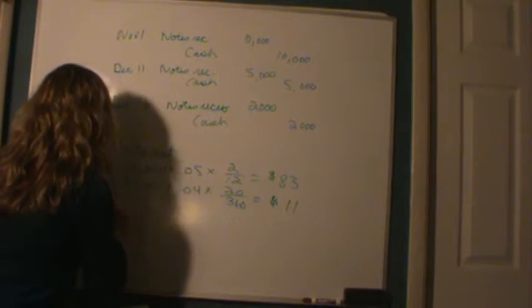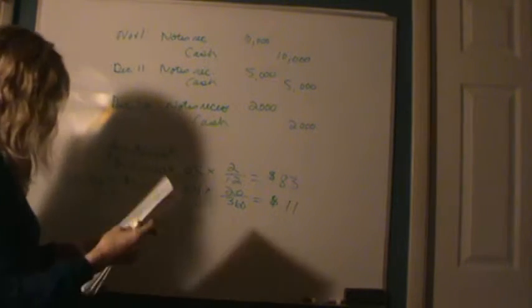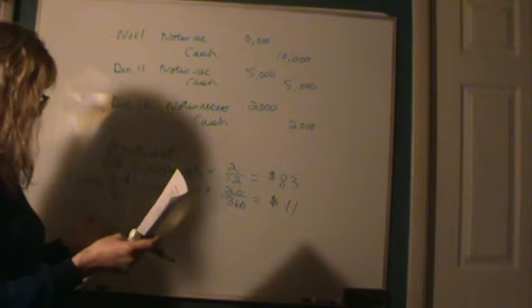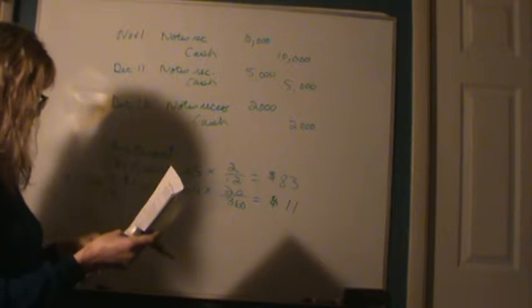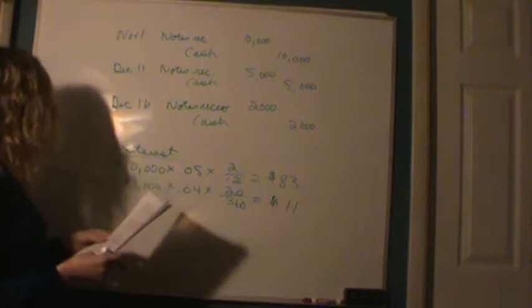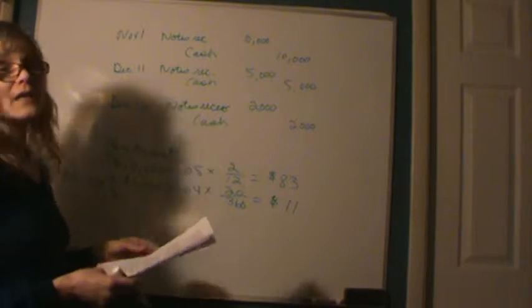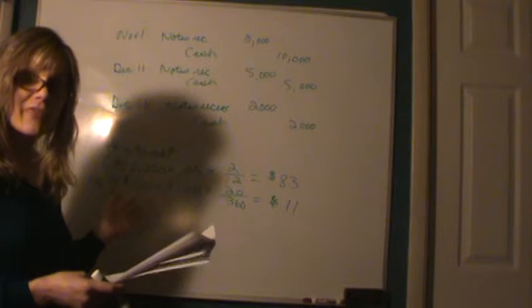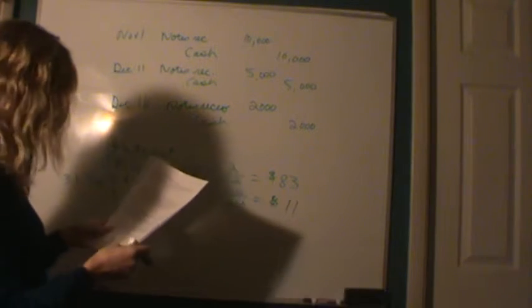Third note. We received the $2,000 4-month 5% note. This happened on December 16th, right? So that's about a half of a month. So that's how we're going to have to record it.